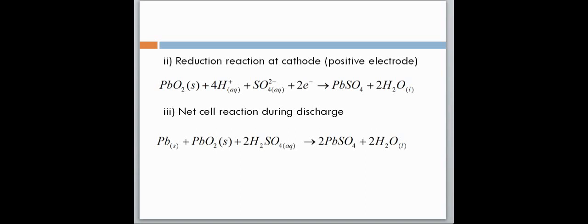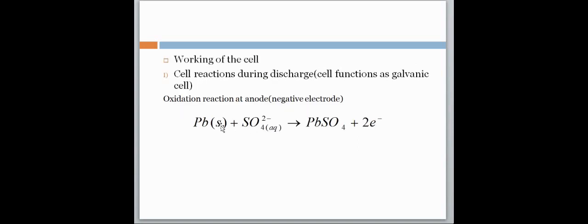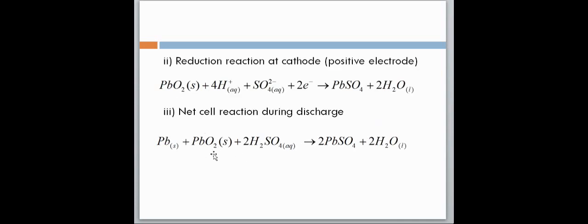So what will the net cell reaction be? I just need to add the right hand sides, that is Pb plus SO4 2 minus, and then the left hand sides. So this entire thing becomes Pb plus PbO2 plus 2H2SO4.